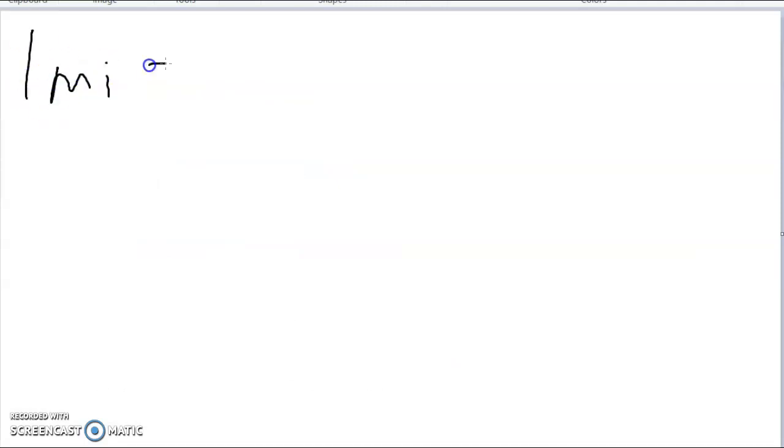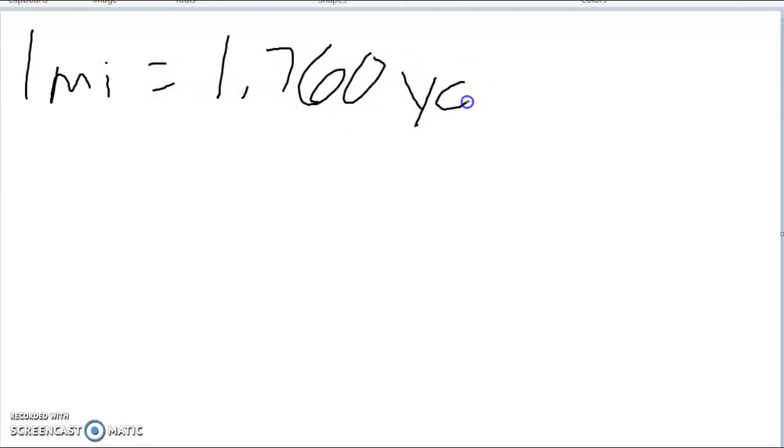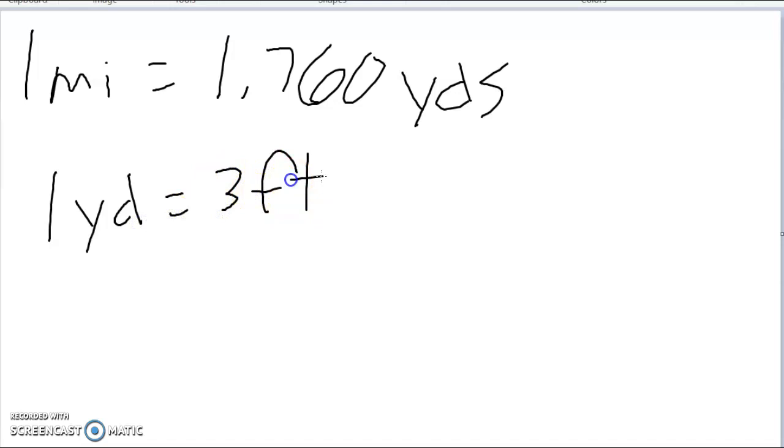So 1 mile equals 1,760 yards, and 1 yard equals 3 feet. So we need to multiply these two.